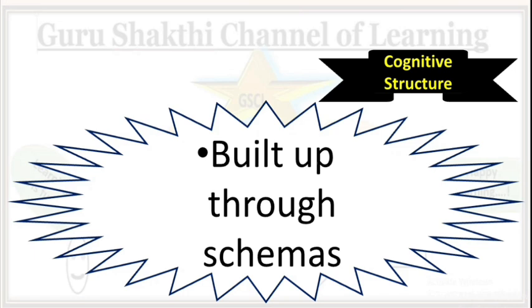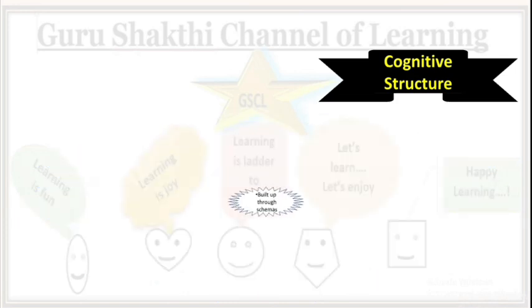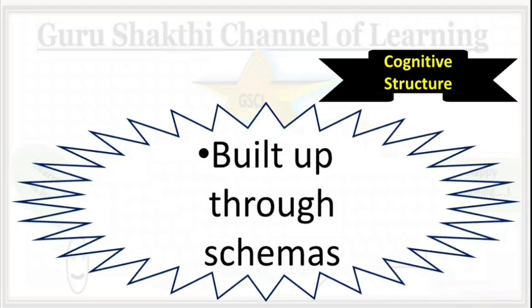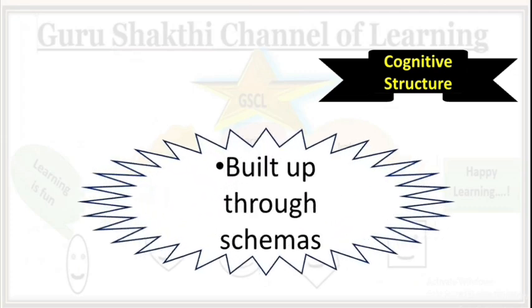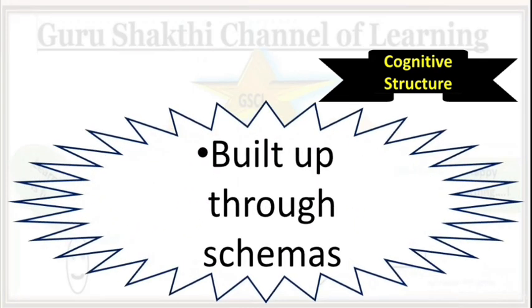Cognitive structure is made up of different schemas taken together. It is like a big book rack of a variety of different topics in a library called the brain.